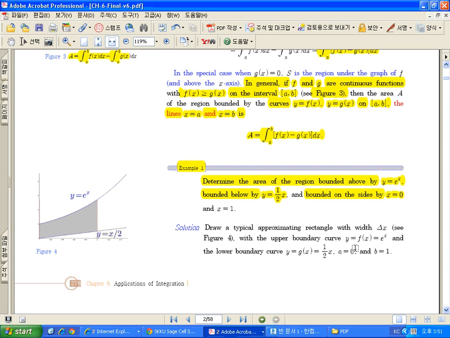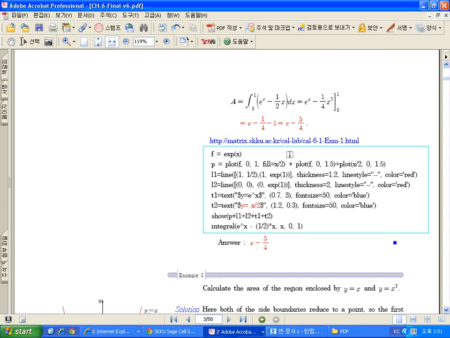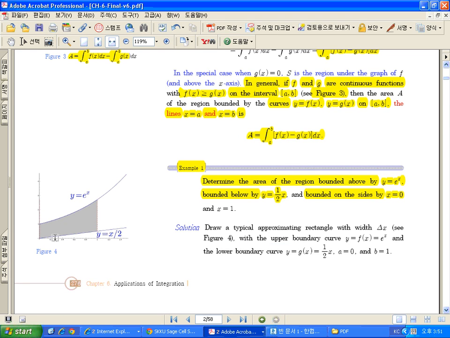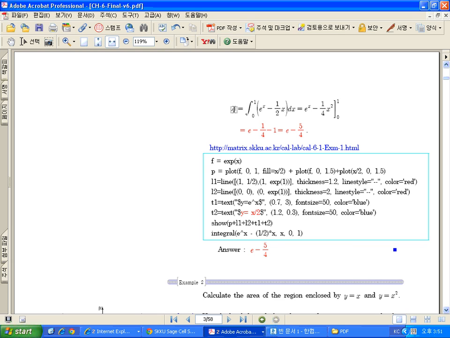So this area can be found as the integral from 0 to 1 of e^x minus x/2, which can be obtained in this way, which gives us e minus 5/4.